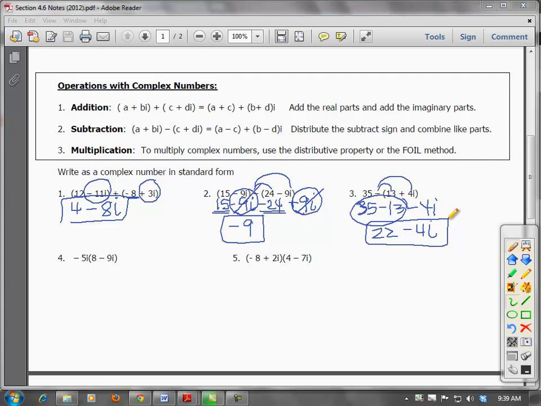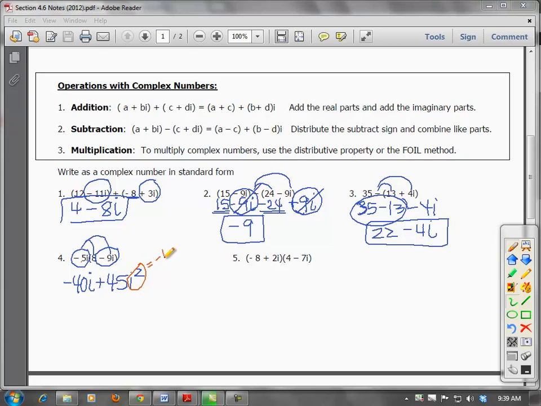Let's keep going. In number 4, I take this negative 5i and I distribute it to both. So negative 5i times 8 is negative 40 with an i. Negative 5i and negative 9i is a positive 45i squared. Now, I'm going to change colors a minute because here's what we got to talk about. i squared was a definition. i squared equals negative 1.